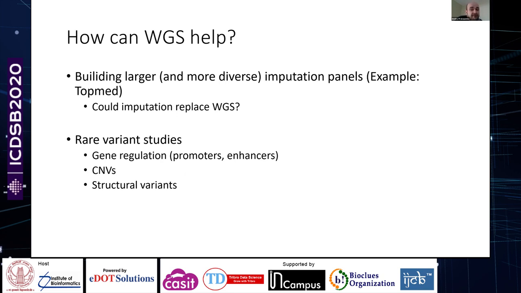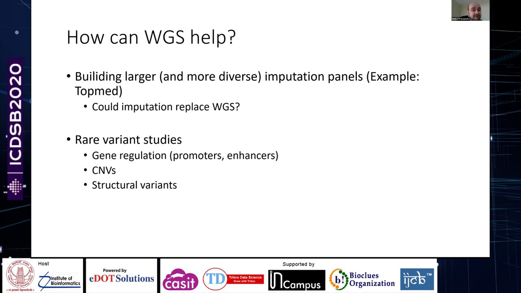So how can whole genome sequencing help to fill the missing heritability? I will focus on two things. First, whole genome sequencing can definitely help to build larger and more diverse imputation panels for GWAS studies, and I will also try to answer the question whether imputation could actually replace the need for whole genome sequencing.